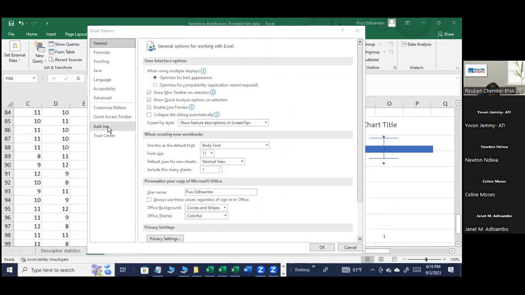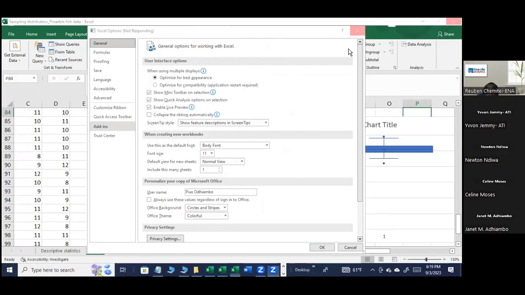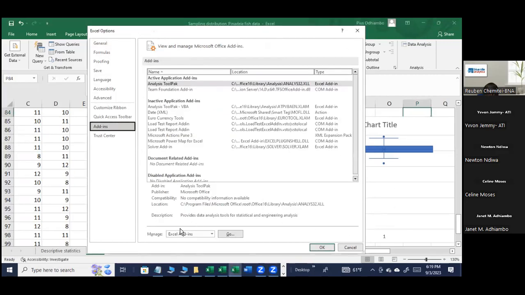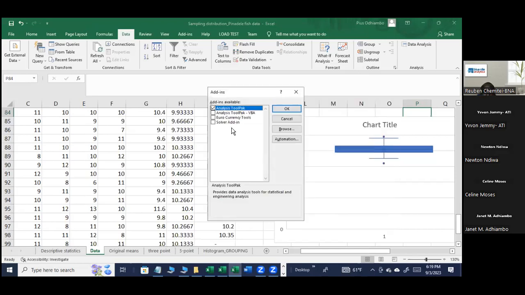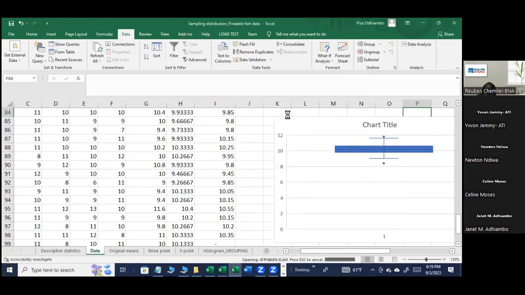You'll come to Add-ins, and once you click Add-ins, you'll go down to Excel Add-ins, and then you'll click Go. Once you click Go, you check Analysis ToolPak and Analysis ToolPak VBA. Just check these two, and then click OK. When you click OK, it should be added. Maybe you can try that.